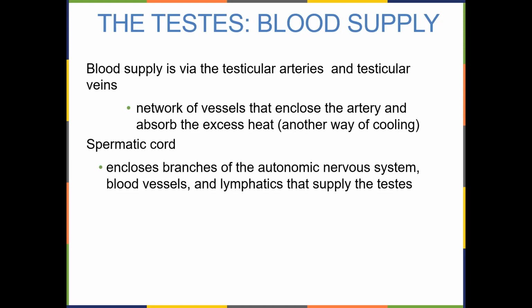One's going down, one's going up, and the arterial blood gives up a lot of its heat to the venous blood going back, so that the blood that gets to the testes is not as hot as it was inside the abdominal cavity.